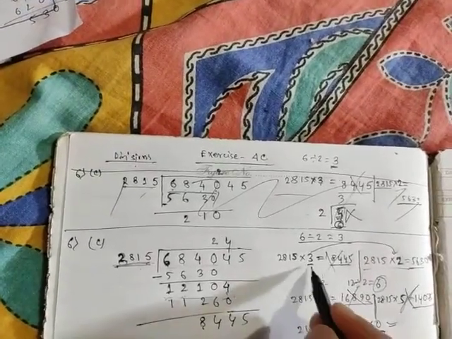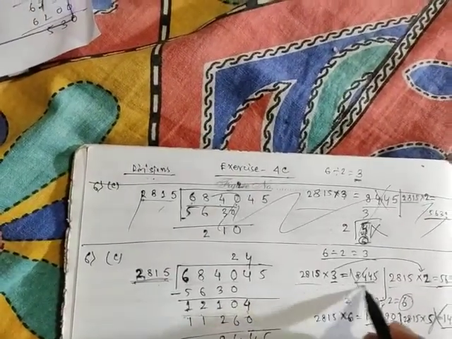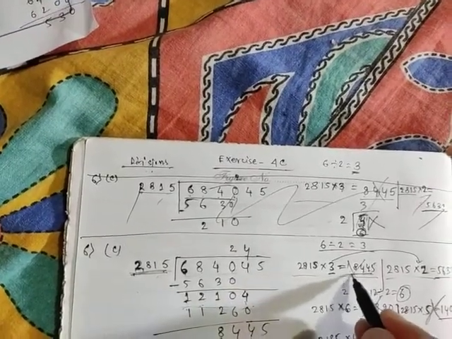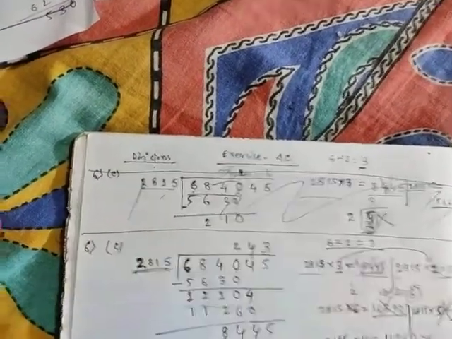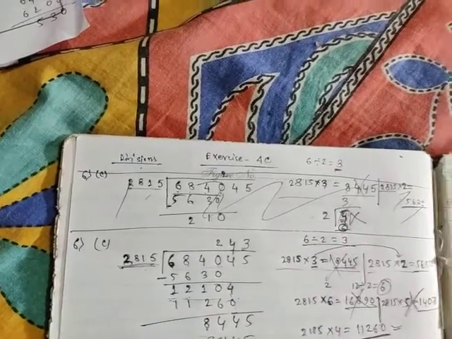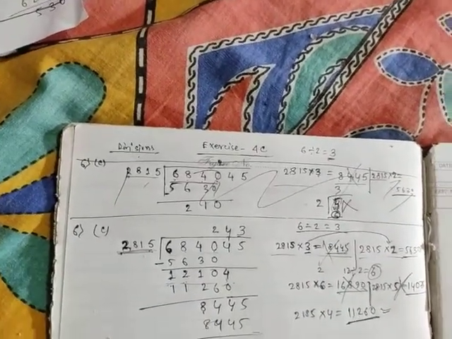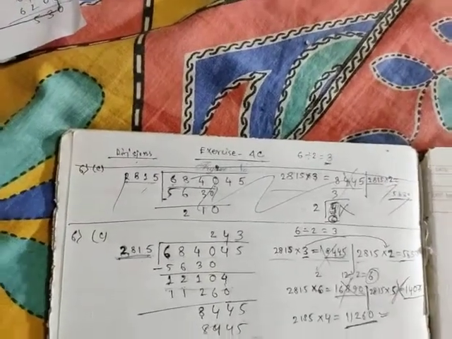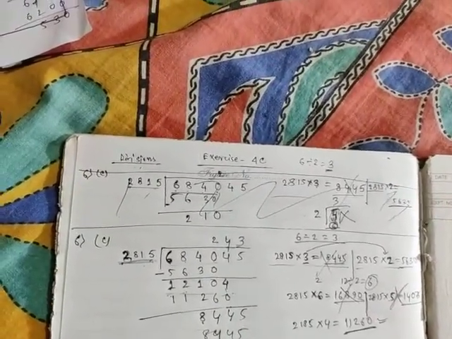So we have to multiply with 3, and I have done this multiplication before. If I multiply 2815 with 3, I will get 8445. So here I put 3 and 8445. So the quotient is 243, the remainder is 0.